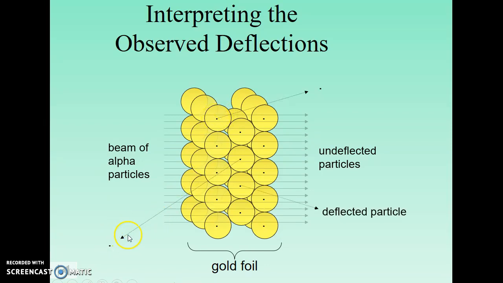And similar to this one, which came along this route and hit the nucleus head on and will be deflected at a larger angle. So if it passed close to the nucleus, the angle was small, and if it hit the nucleus almost head on, then the angle of deflection would have been bigger.